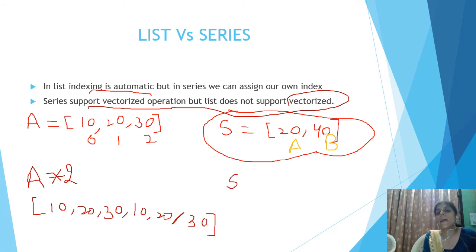If I multiply S with the number 2, then I will get 40 and 80 in the output. So it is the main difference that a series follows vectorized operation, but a list does not support vectorized operation.